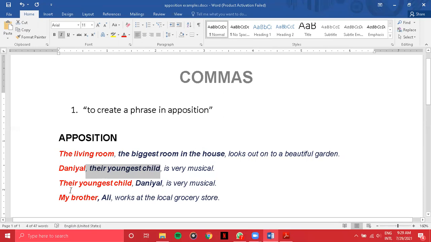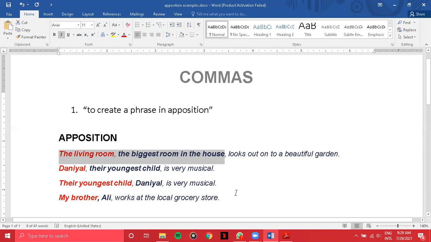I have a question. Yeah. What exactly is the apposition? Okay, so apposition is basically when we have two noun phrases that are next to each other. So, for example, this highlighted part would be the apposition in a sentence.